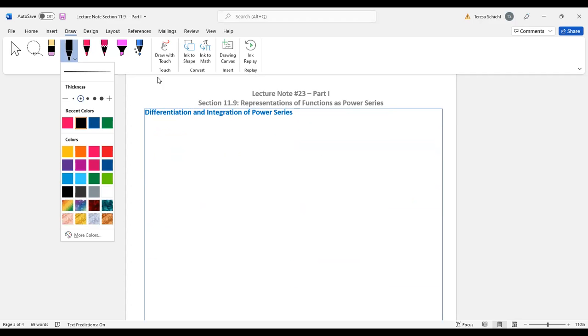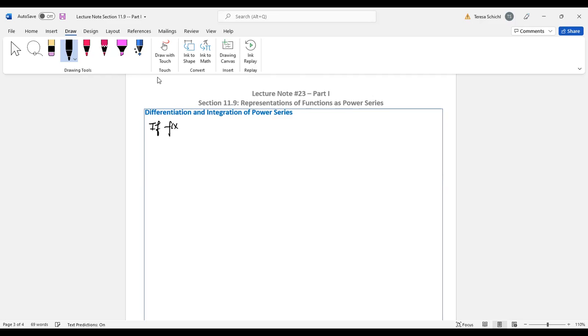Suppose f of x is a power series, the summation from n equals 0 to infinity of Cn times (x minus a) to the nth power, and it has an interval of convergence with radius R greater than 0.